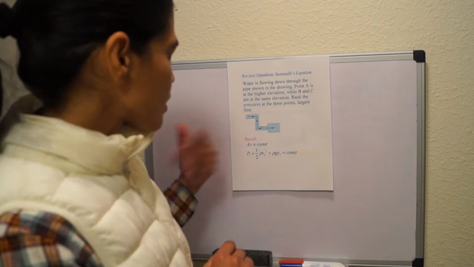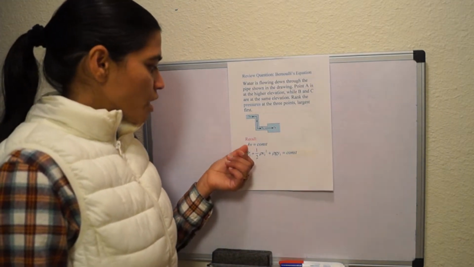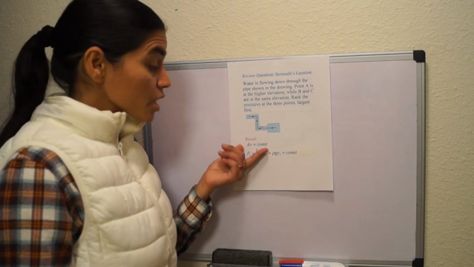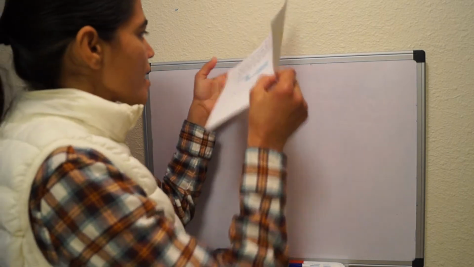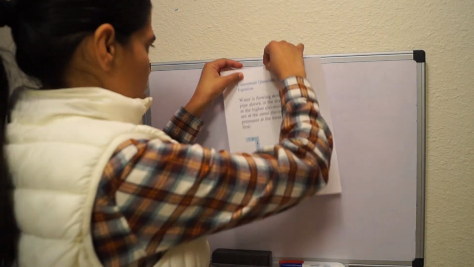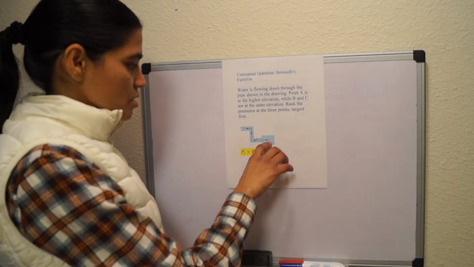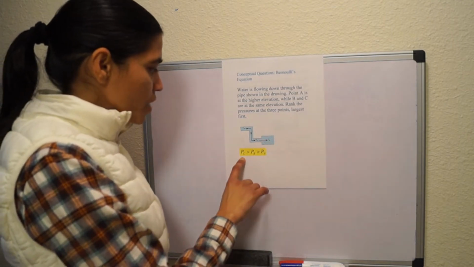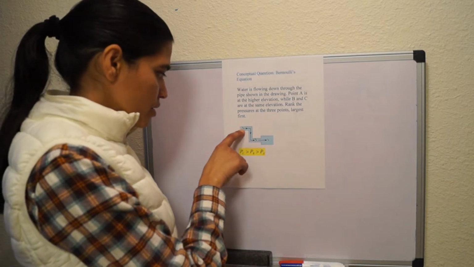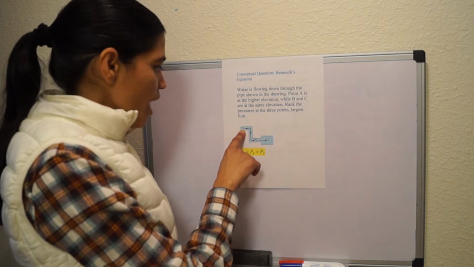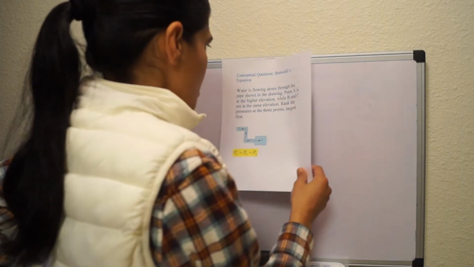After using our volume flow rate, or the continuity equation, and then Bernoulli's equation, we came up with the answer that the pressure at point C is the highest, the second highest is the pressure at point B, and the pressure at point A is the least. Okay, so that was what we learned.